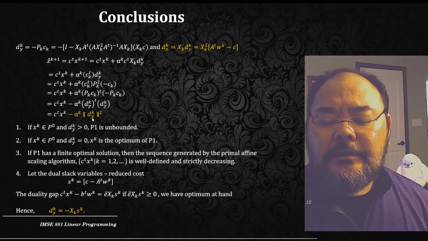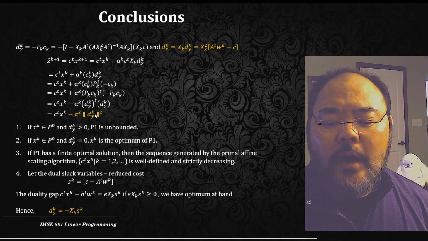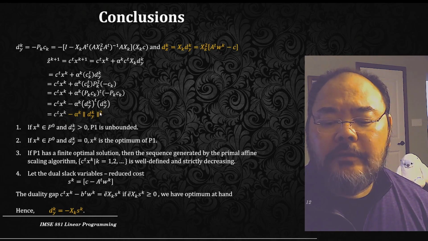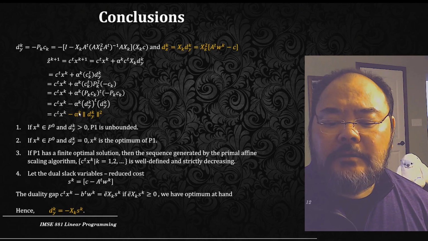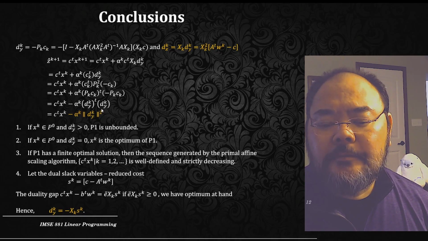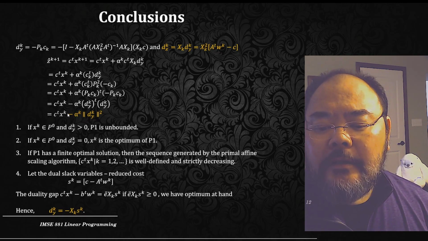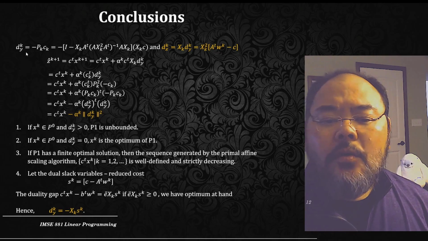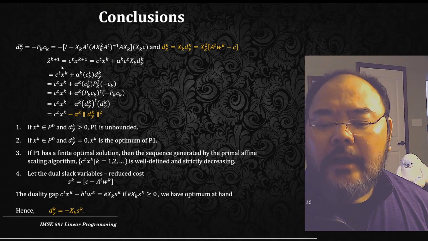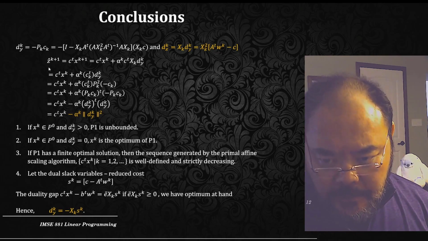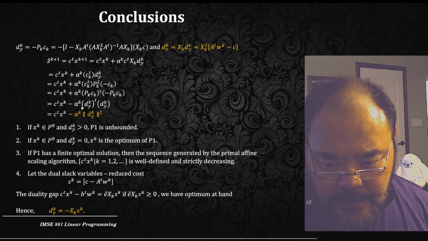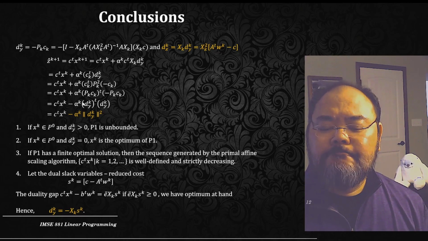So with the definition of dyk squared, this term will always be negative, because alpha k is positive and dyk squared is also positive. Okay, so a positive times a positive is a positive, and with a negative sign in front of that, with this definition of dyk, we can guarantee the objective function value actually decreases at each iteration.